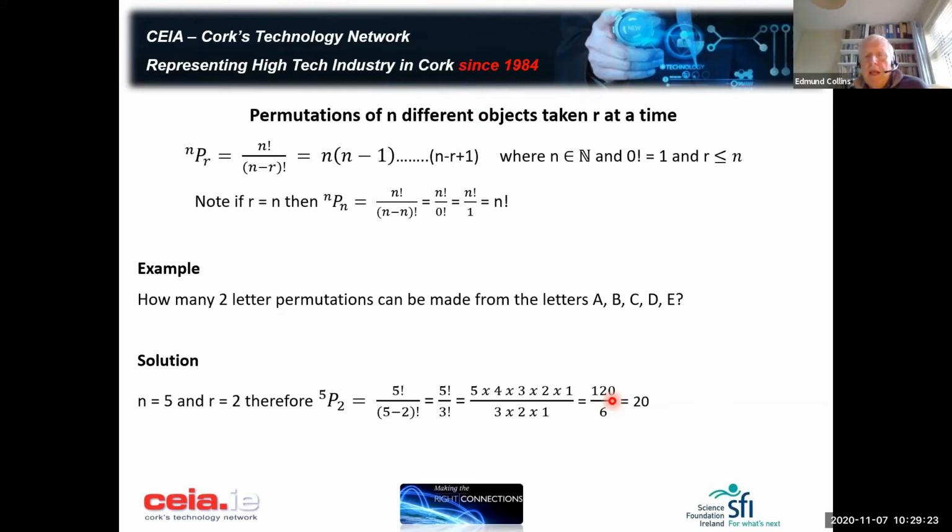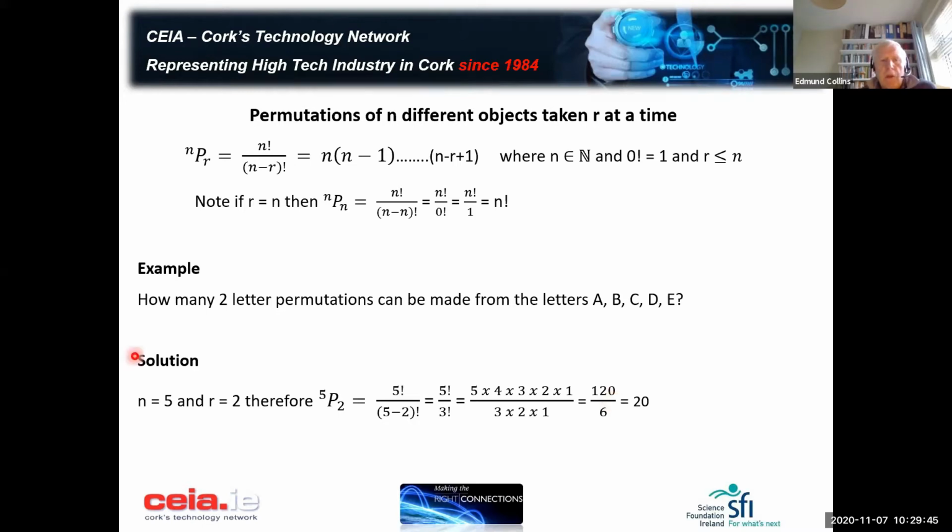And very importantly, r must be less than or equal to n. Obviously r can't be greater than n. That doesn't make sense. If you have 6 objects and you're asked to select 7, that doesn't make sense at all. But this formula will work for r being equal to n.